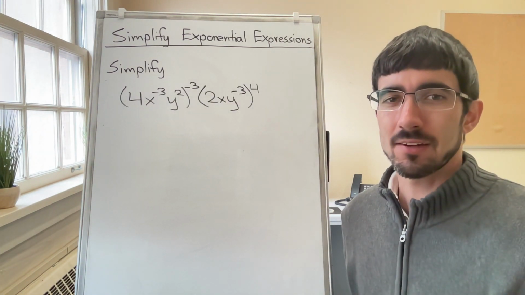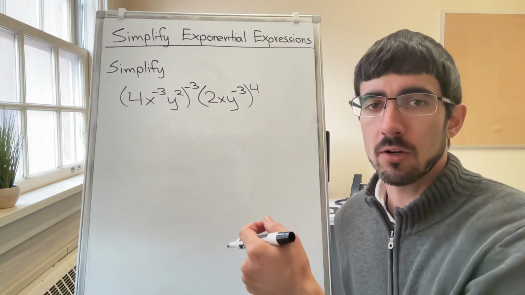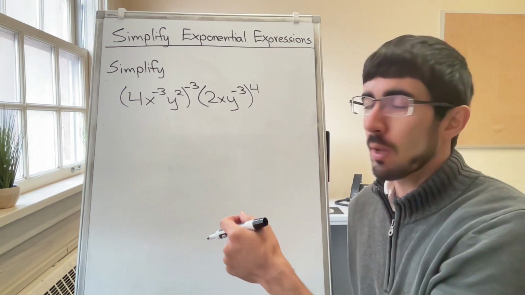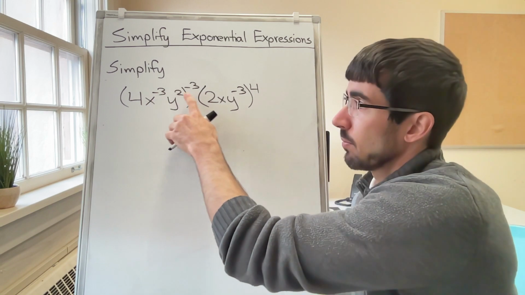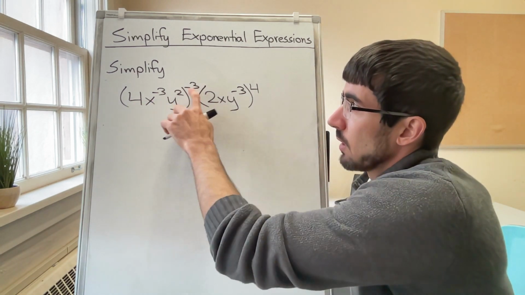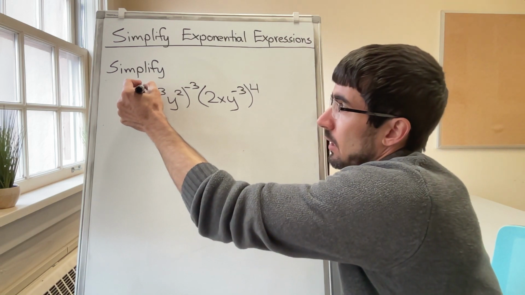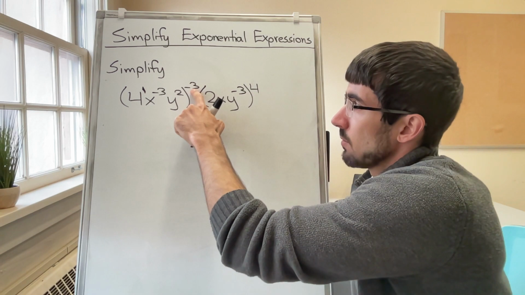Let's look at a second example. Again, I'm going to start this one by distributing outer exponents in order to eliminate these parentheses. So remember, you're distributing the exponent on the outside times all of the exponents on the inside. I'm not multiplying 4 times negative 3, but rather I'm multiplying the exponent on the 4. It's 4 to the 1st times negative 3.